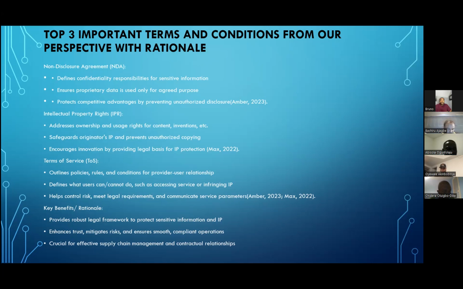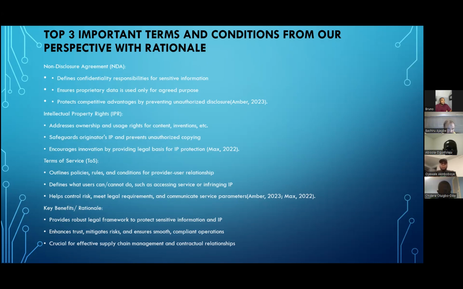Another one is intellectual property rights, in order to address ownership and usage rights for content, inventions, etc. Also, to safeguard the originator's IP and prevent unauthorized copying, and to encourage innovation by providing a legal basis for IP protection.